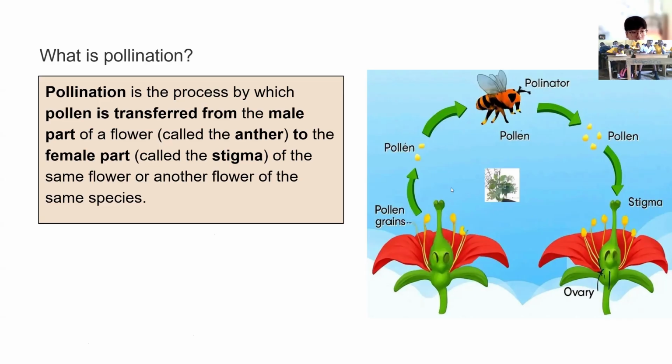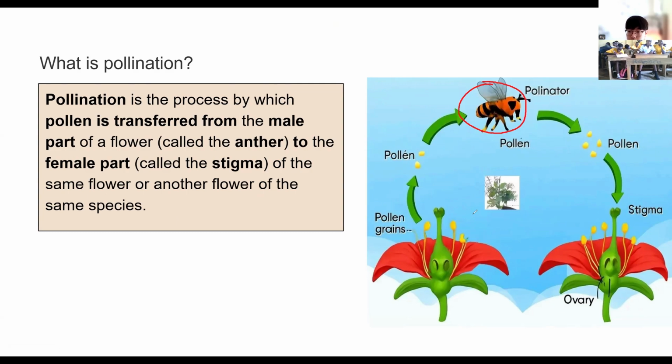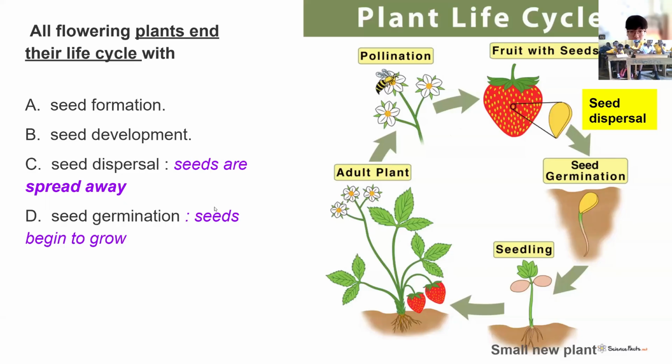And it happens usually through a pollinator. You can see a bee is a pollinator, or a butterfly is also a pollinator. They carry the pollen to another flower from the anther to the stigma.